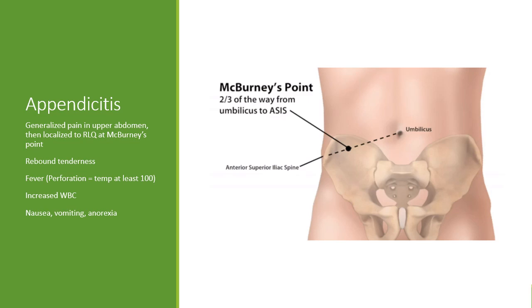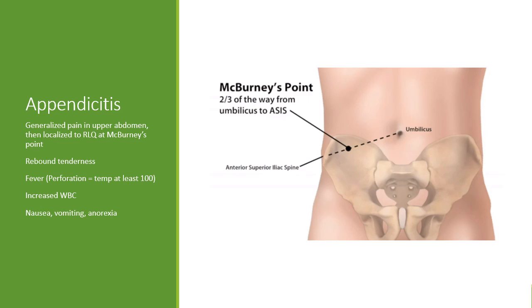But really the other thing that you can do is just take your hands and put them on the flanks of the patient and kind of jiggle the flanks a little bit, and that will send kind of shock waves, if you will, moving through the abdomen, and it will wiggle the appendix and it will hurt, right?